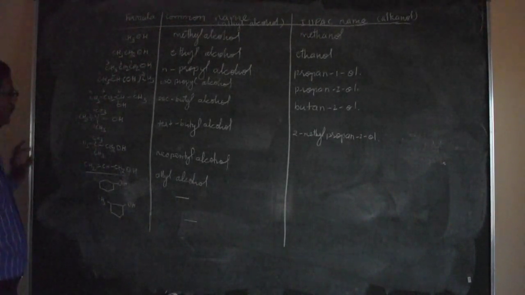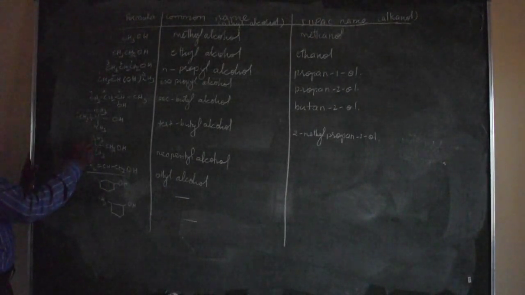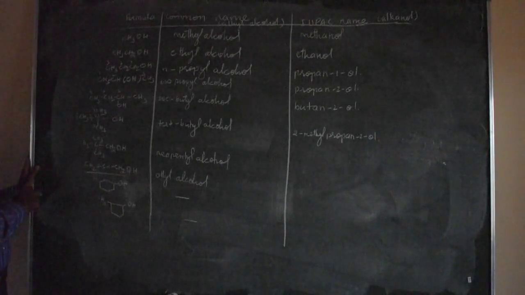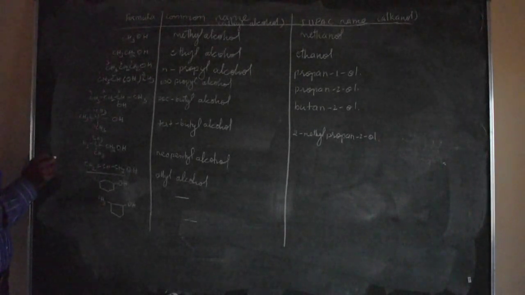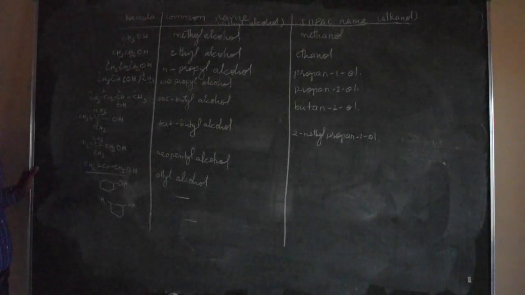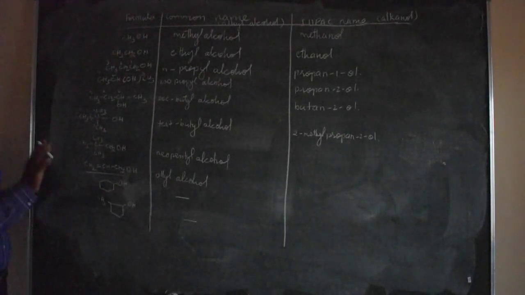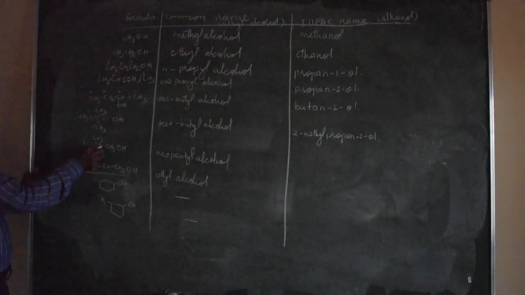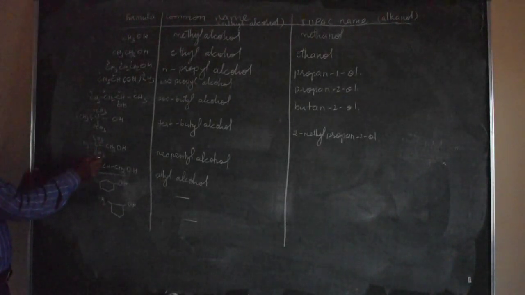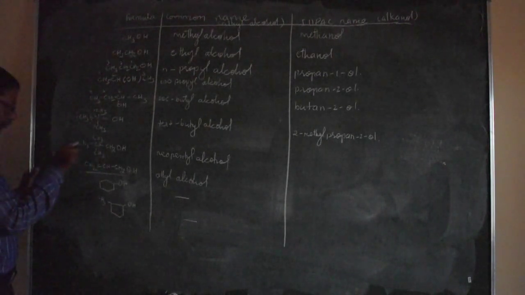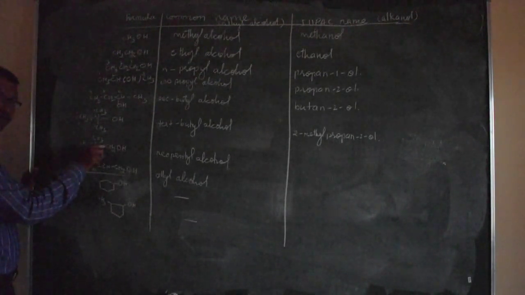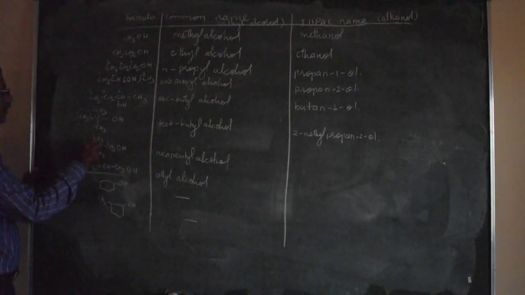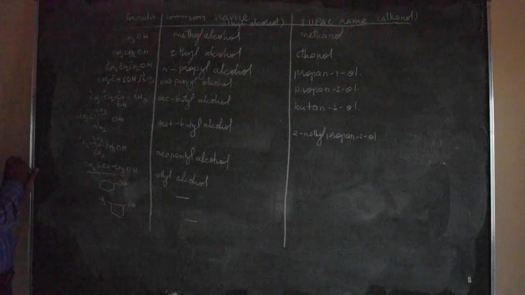This one, numbering is important. 1, 2, 3 like this is not correct, because it does not include the functional group. You have to select a continuous long chain, and that chain must include the functional group. Here if you number like this, 1, 2, 3, there is no functional group on these 3 carbons. So the numbering must be like this, including the functional group OH, 1, 2, 3. I think you have followed.